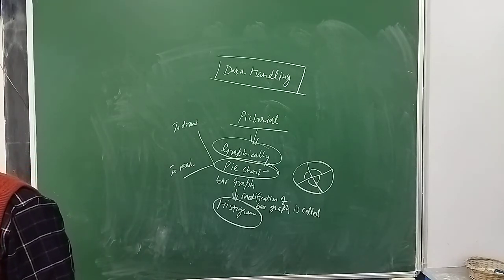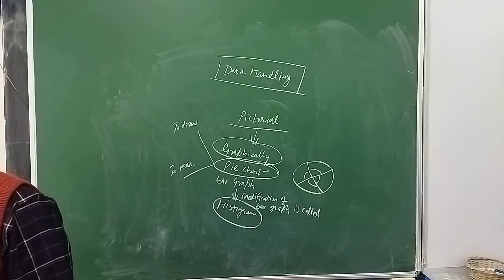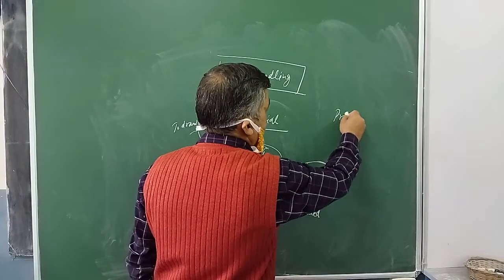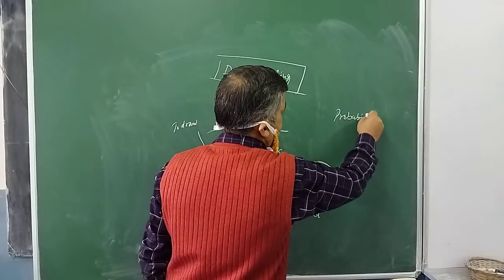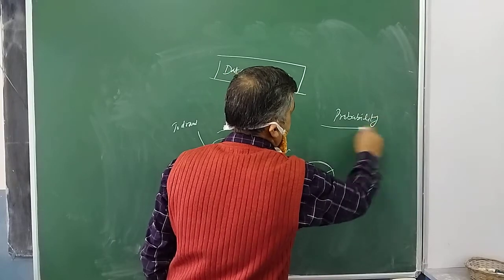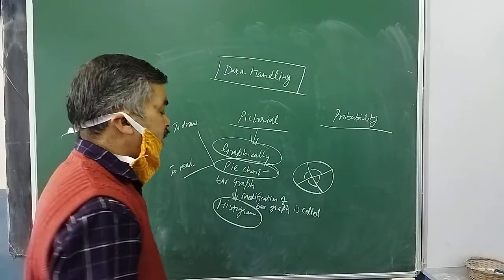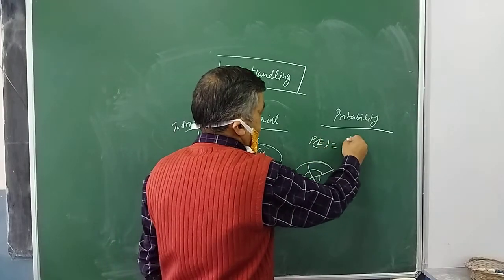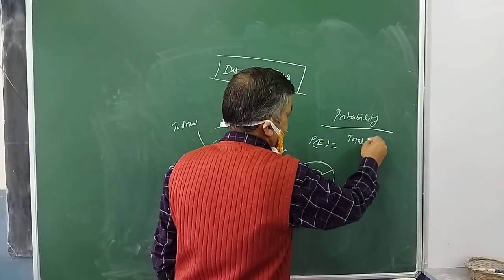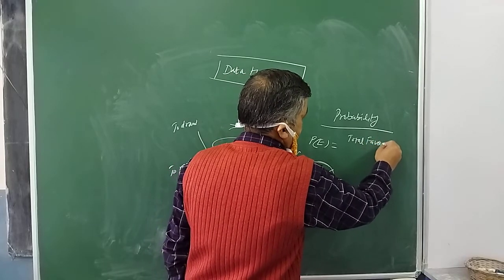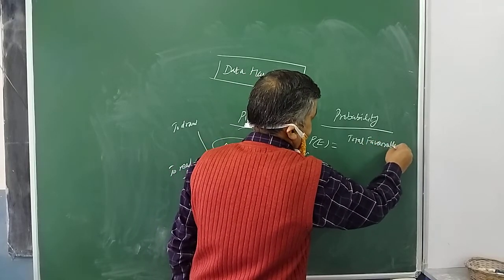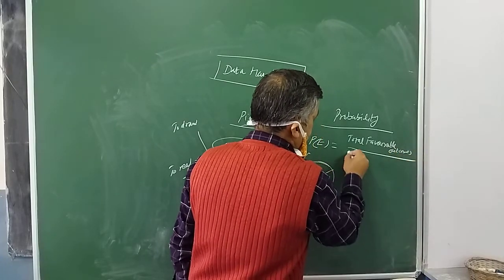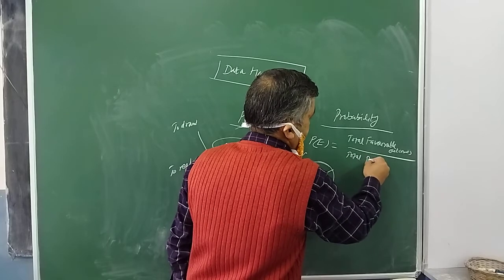Then the last part of your syllabus from the class 8 point of view is probability. Probability also you have done in your previous classes. Probability is the measurement of uncertainty, and empirical probability is the total favorable outcomes divided by total possible outcomes.